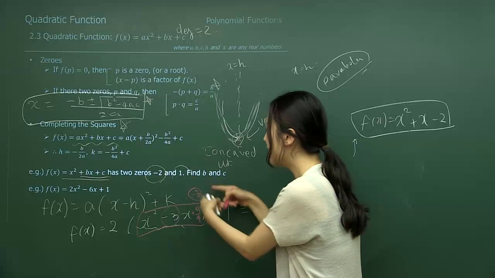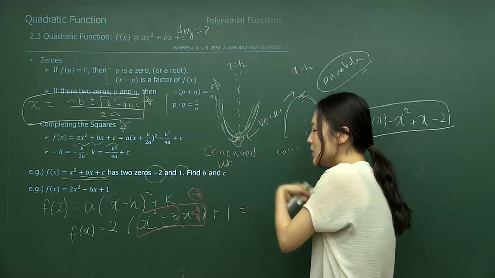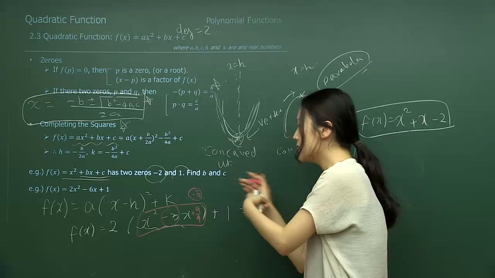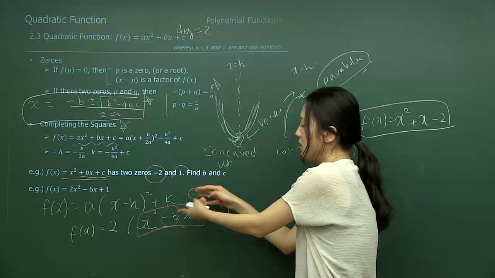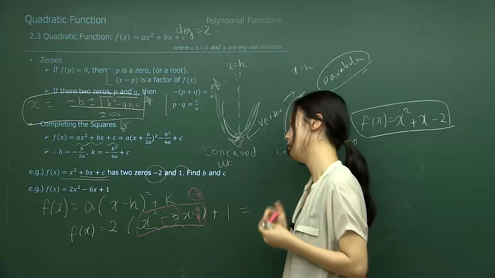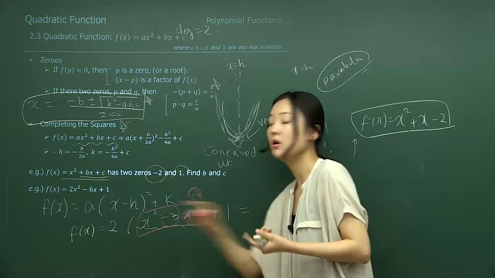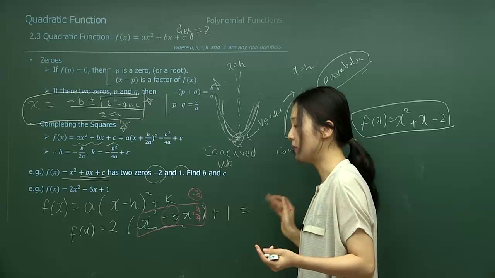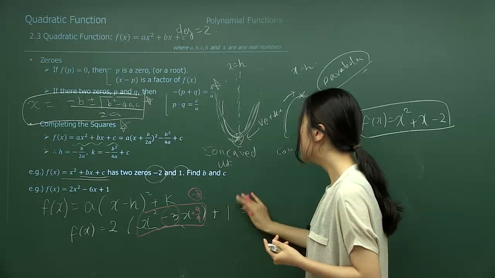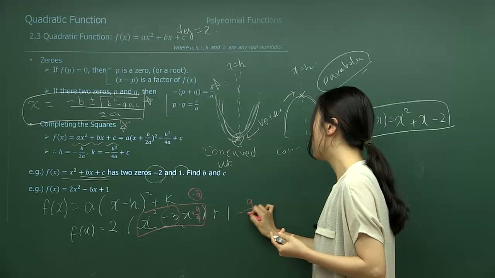However, the 9 over 4 will be subtracted on the outside of the parenthesis. So when you put this on the outside, you have to multiply that by 2 first, because 2 is the common factor of the entire parenthesis, right? So technically, you will be subtracting 9 over 2.